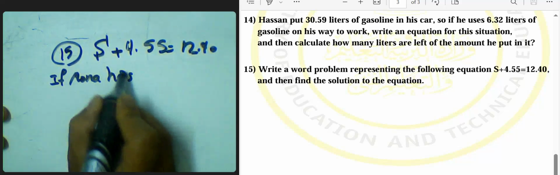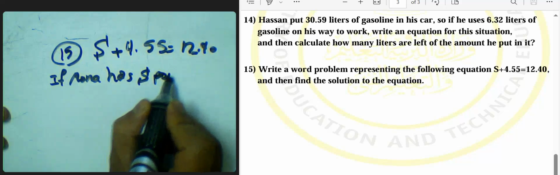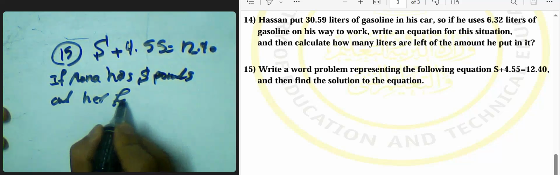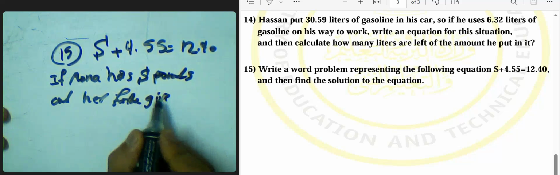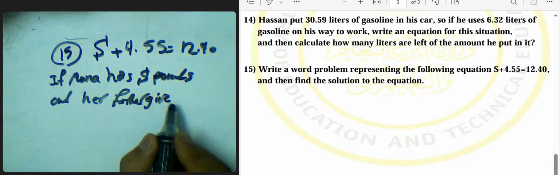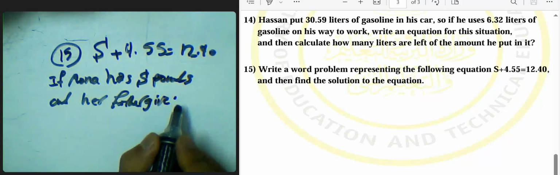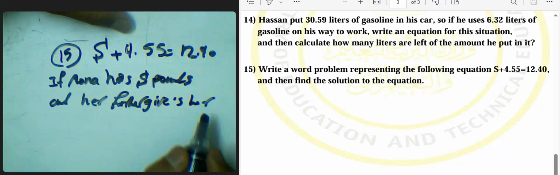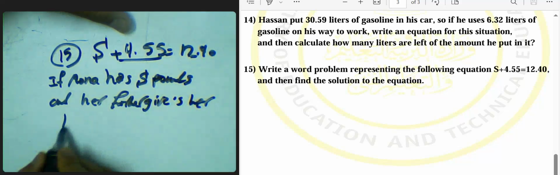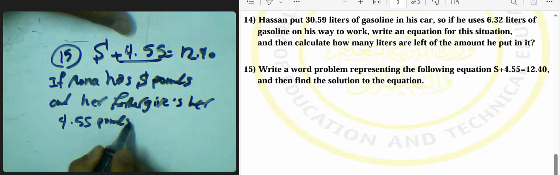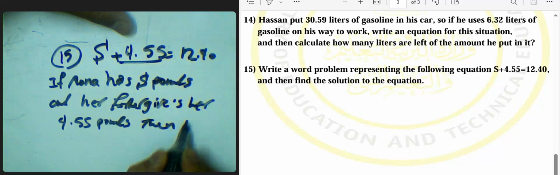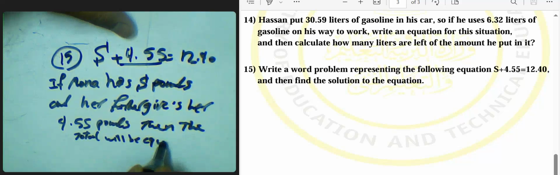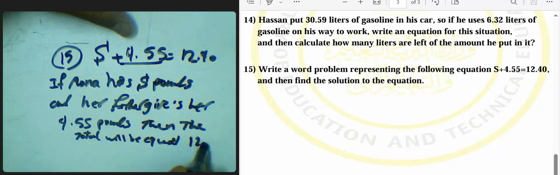If Mona has s pounds and her father gives her 4.55 pounds, then the total will be equal to 12.40.